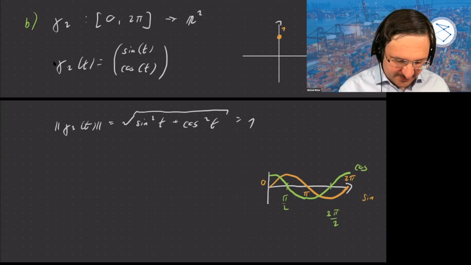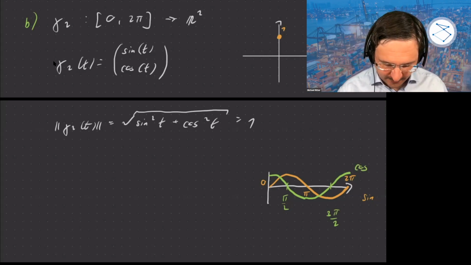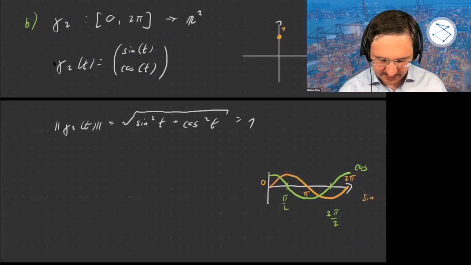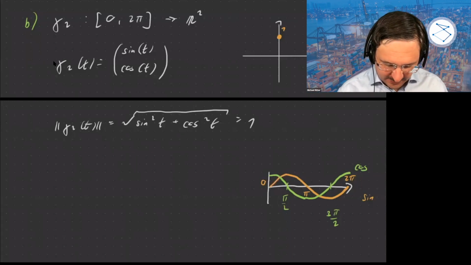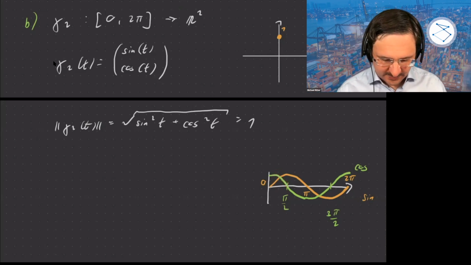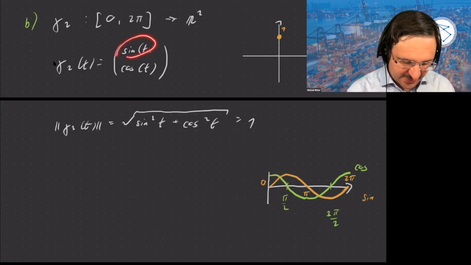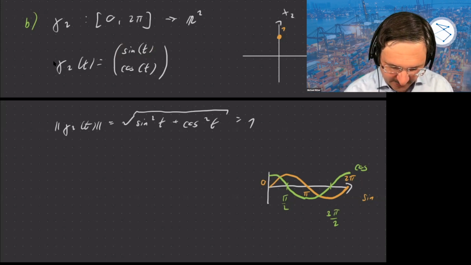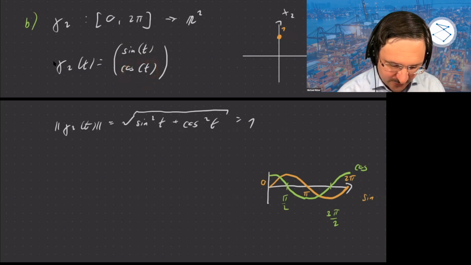Right, so what happens if you increase t from 0? What happens is the sine starts to increase first until it hits 1 at pi over 2, while the cosine decreases until it hits 0. So sine increases, sine is the x1 coordinate in this case. So that means we're increasing in that direction, and the x2 coordinate decreases simultaneously.